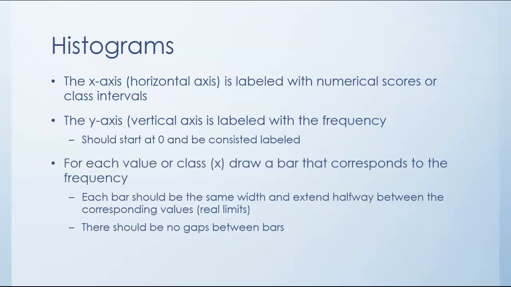It should be consistent, however, and we'll talk about that as we do some examples here in just a second. For each value or class, you want to draw a bar that corresponds to the frequency, or the amount of times, for that particular class. Each bar should have the same width and extend halfway between the corresponding values, the real limits. There should be no gaps between the bars.